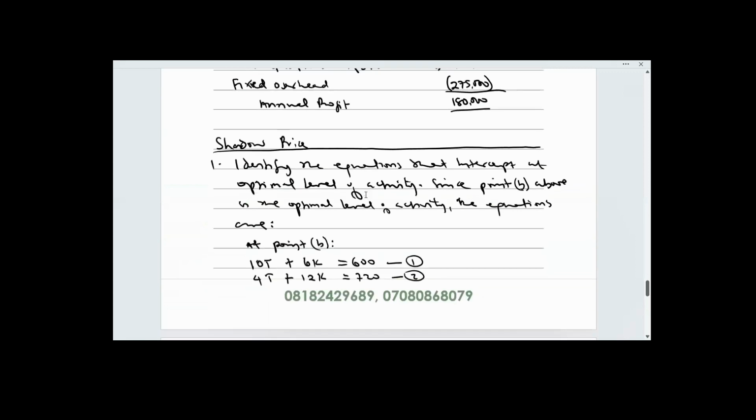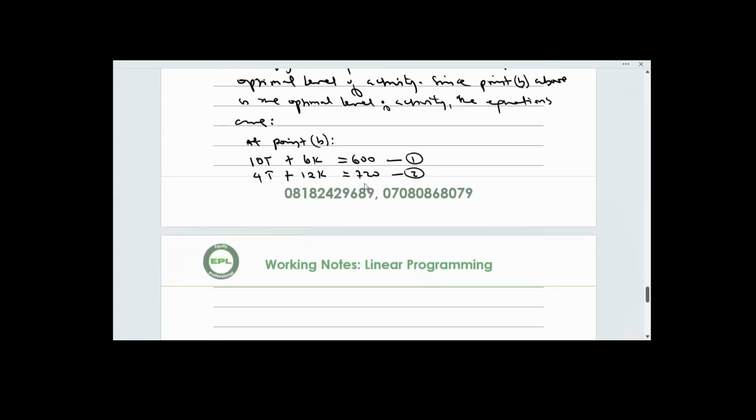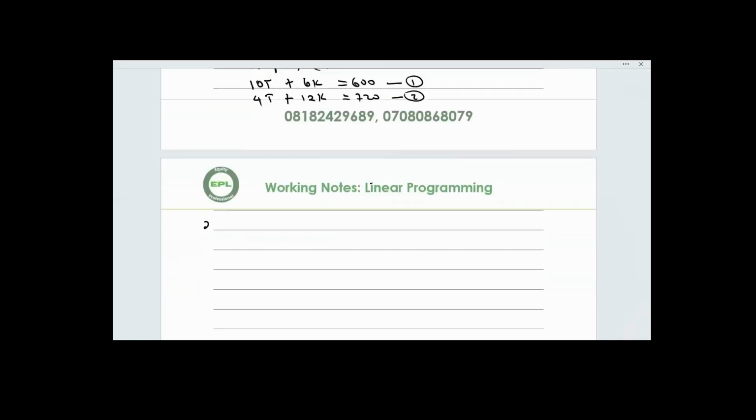Step 2, when you want to determine your shadow price, is to find the dual or transpose of the original problem. Original problem is the original equation. This can be done.